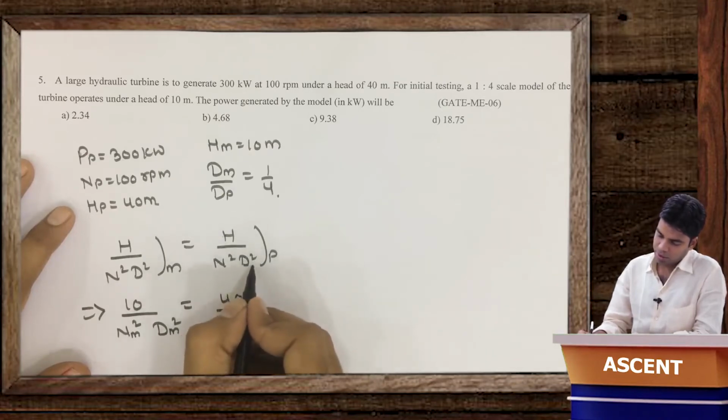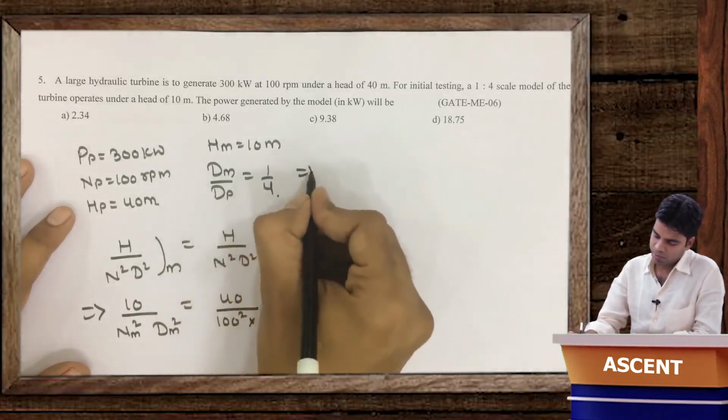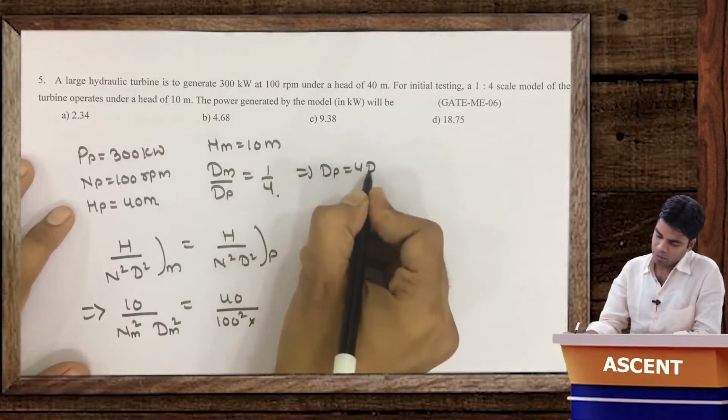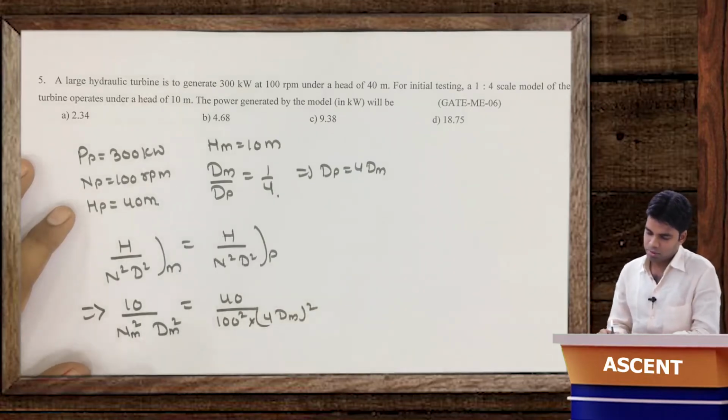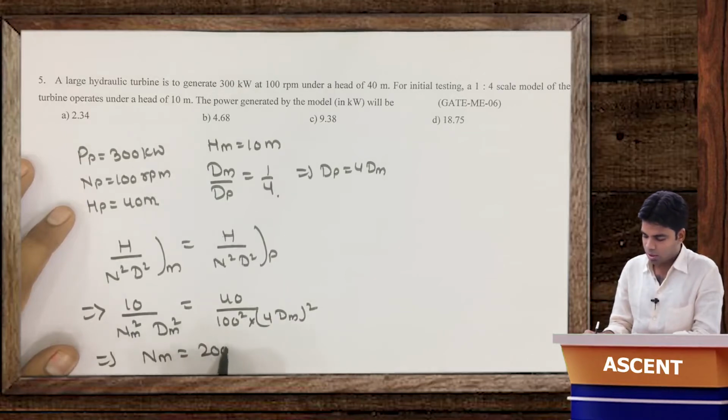Now this Dp can be written as 4 times Dm, so this will be 4 Dm whole square. So Dm square will be cancelled out, and you will get Nm equal to 200 rpm on calculation.